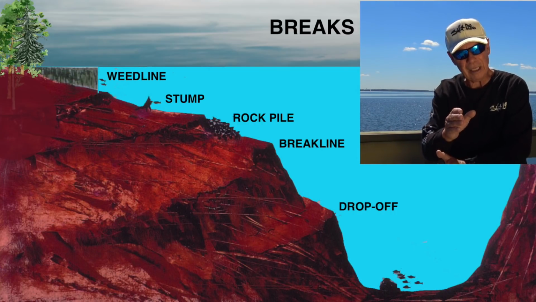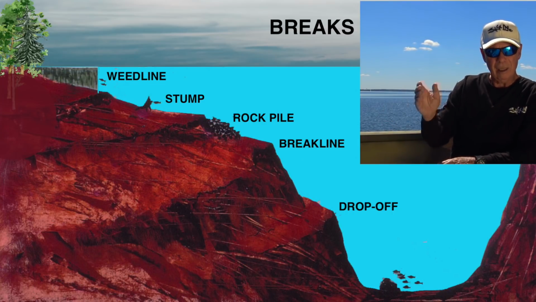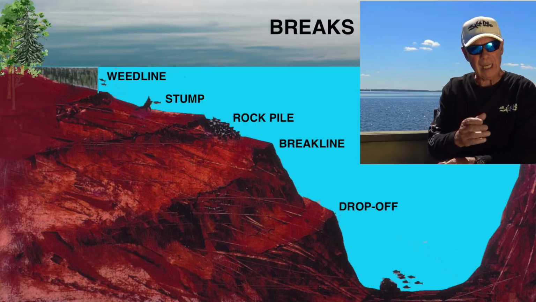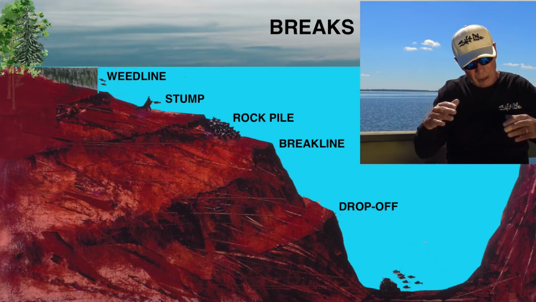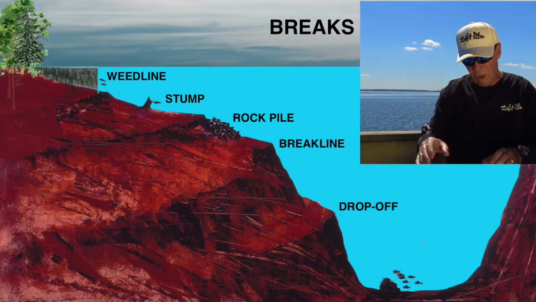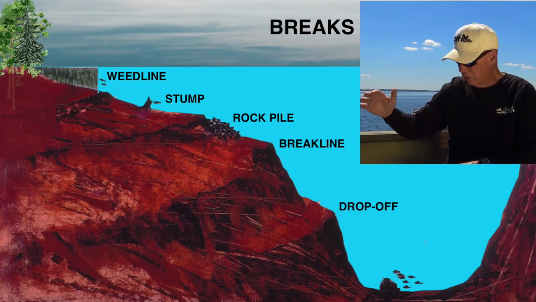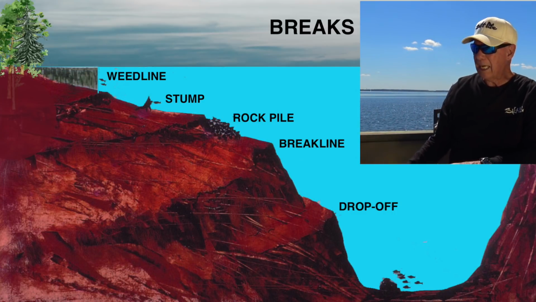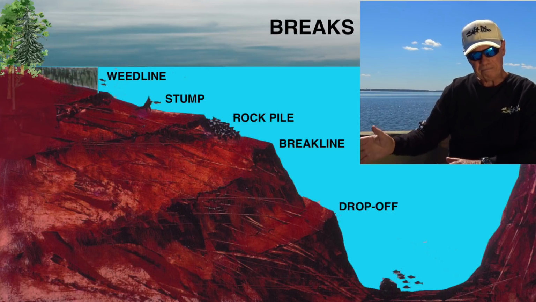It's a break on that structure. And then we have a break line occurring. Remember, we said a break line in reality is a break on structure. It's just a little bit different in that it runs for a distance as opposed to the other breaks. And then we have the other breaks that you can see there in our diagram, and we have the last break line going off into deep water.